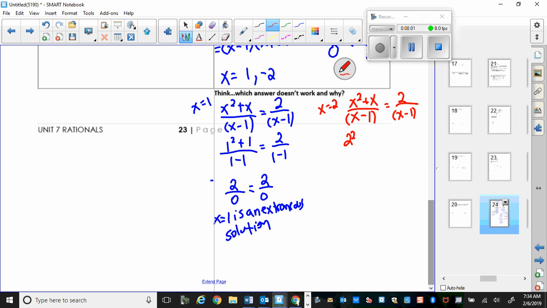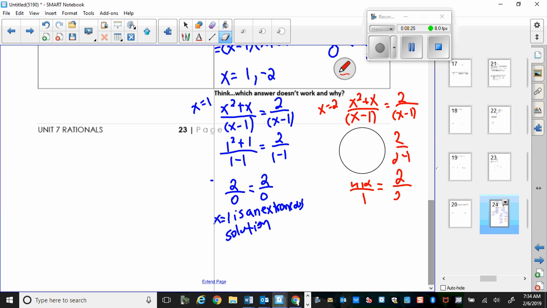But on the other hand, let's check x equals 2. So 2 squared plus 2 over 2 minus 1 equals 2 over 2 minus 1. So 4 plus 2 over 1 equals 2 over, sorry, that's -2 here. And sorry, I did some inappropriate things here.